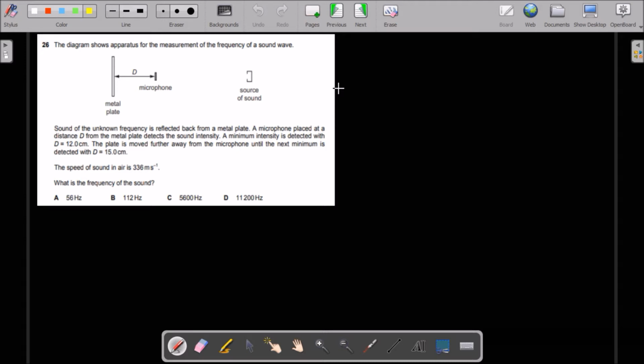A microphone placed at a distance d from the metal plate detects the sound intensity. A minimum intensity is detected with 12 centimeters. The plate is moved further away from the microphone until the next minimum is detected with 15 centimeters. The speed of sound in air is 336 meters per second. What is the frequency of the sound?